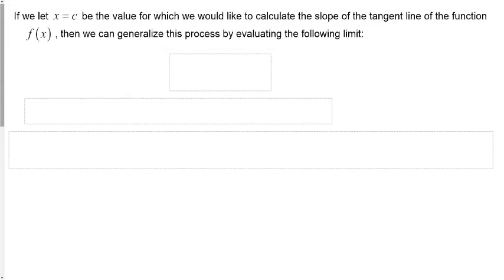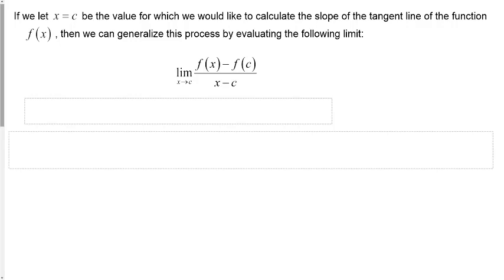Now, if we let x equals c be the value for which we would like to calculate the slope of the tangent line of some function f of x, we can generalize this process by evaluating the following limit. So it's the limit as x approaches c of f of x minus f of c divided by x minus c. Notice the form of the slope formula.